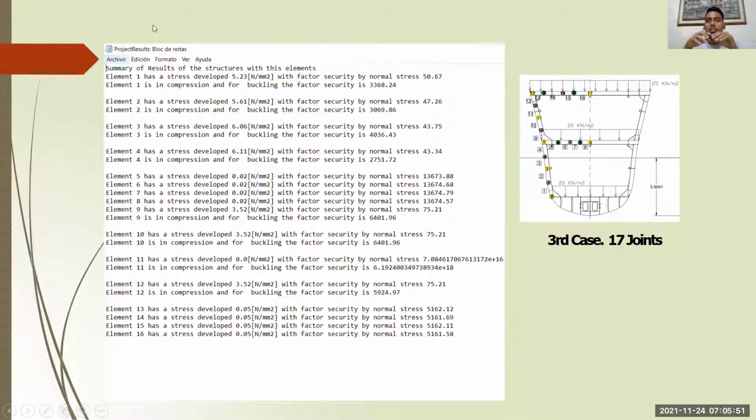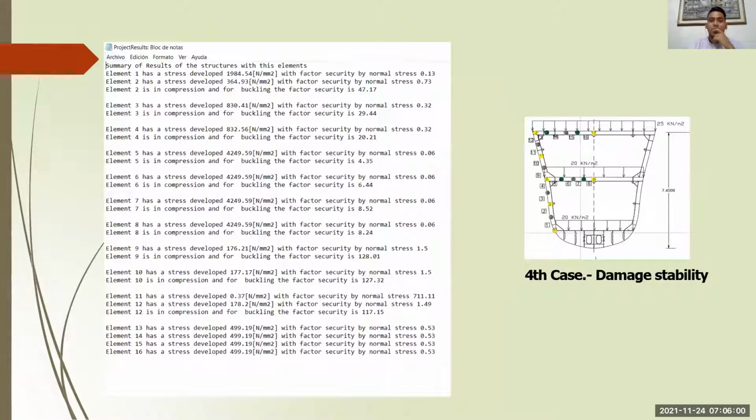Apparently, you can say it is a well-designed structure, but the last case is the more interesting because the structure is in a strange situation where we have a greater stress and the safety factor is almost zero.